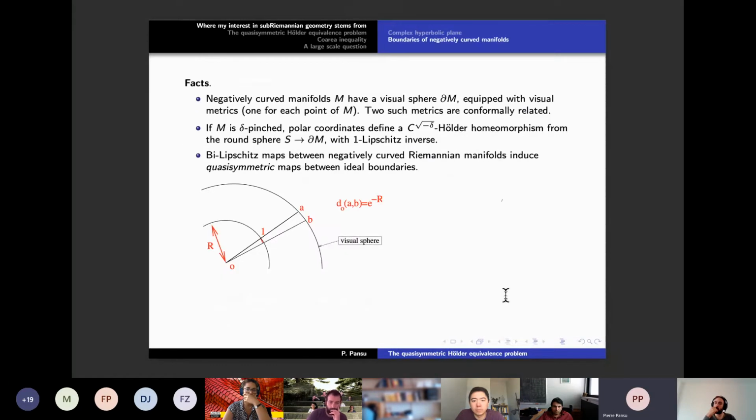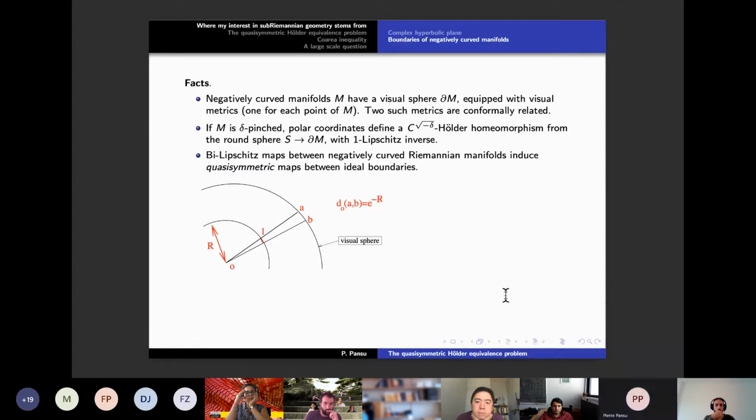Here are general facts about negatively curved Riemannian manifolds. A negatively curved Riemannian manifold always has a visual sphere, defined as equivalence classes of geodesics. And there are natural metrics, called visual metrics, defined on the boundary.